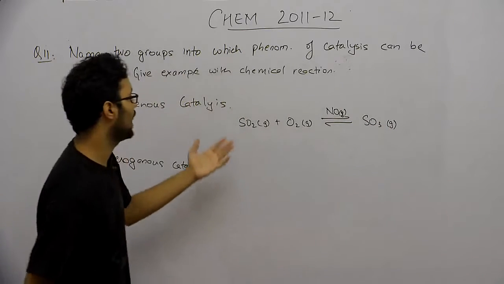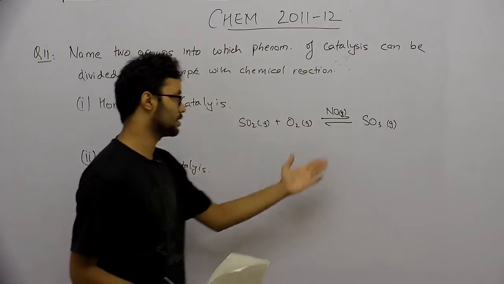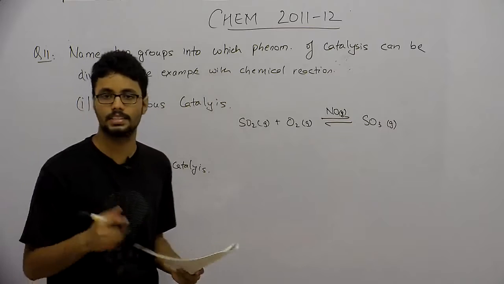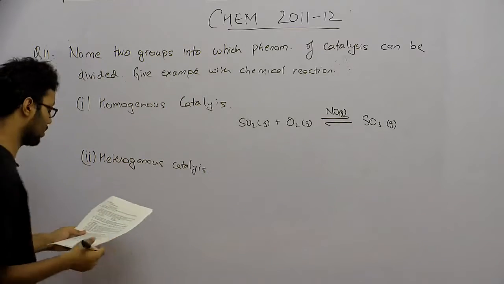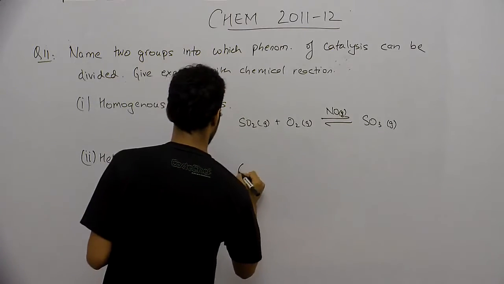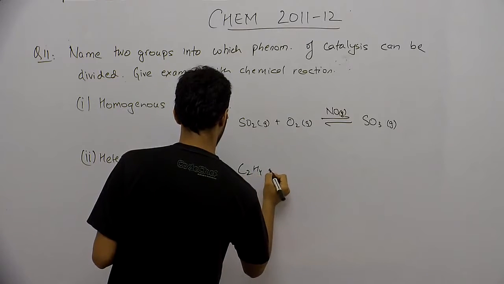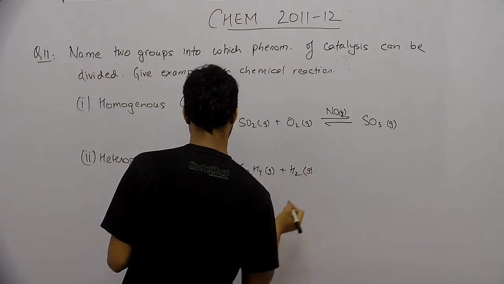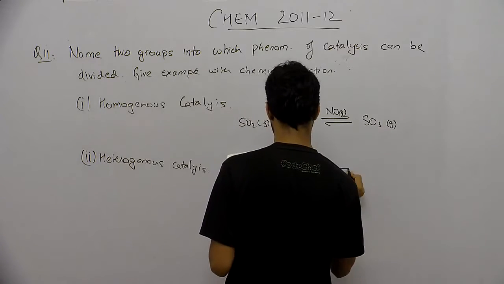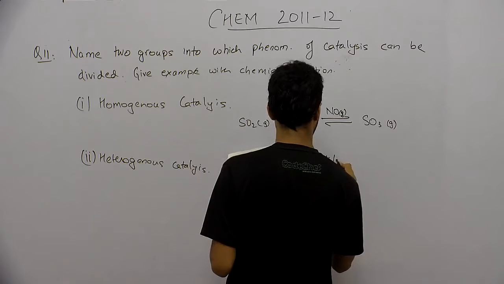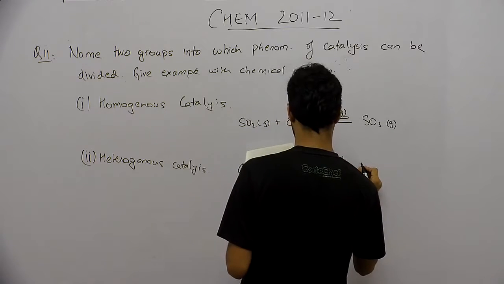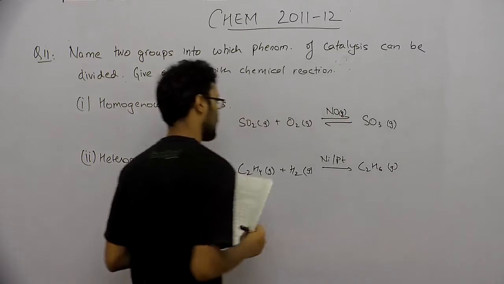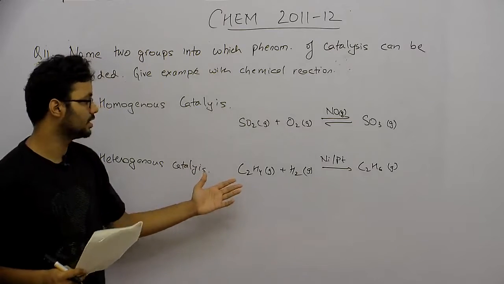So an example is SO2 plus O2 gives SO3. Here all the reactants and products are in the same state, that is gaseous state. So an example of heterogeneous catalysis is here.